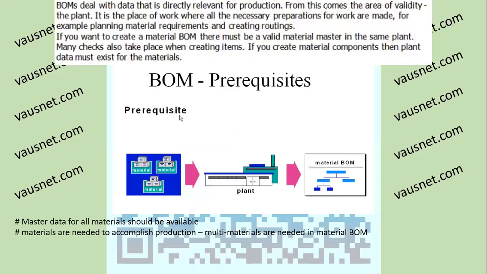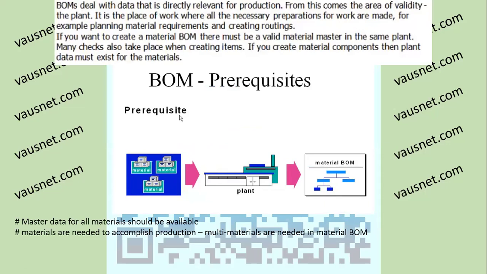So what are the requisites for making bills of material? Bills of material deal with data that is relevant for production. From this comes the area of validity, the plant. A plant has to have its presence for material to exist, because a material will need either a production plant or a storage area.